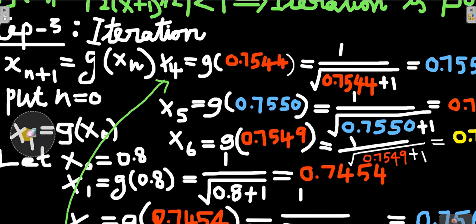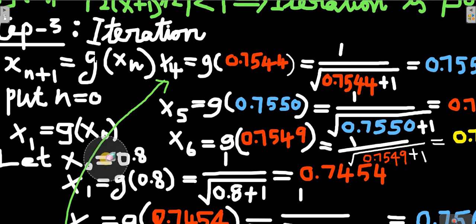So n becomes 0, you will get x1 equals g of x naught. Here x naught, the initial approximation, I am taking as 0.8.